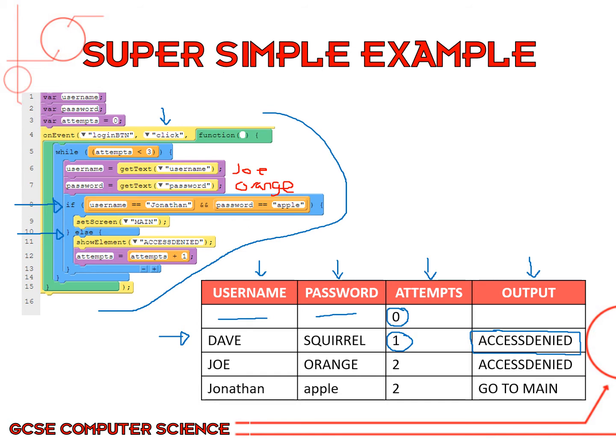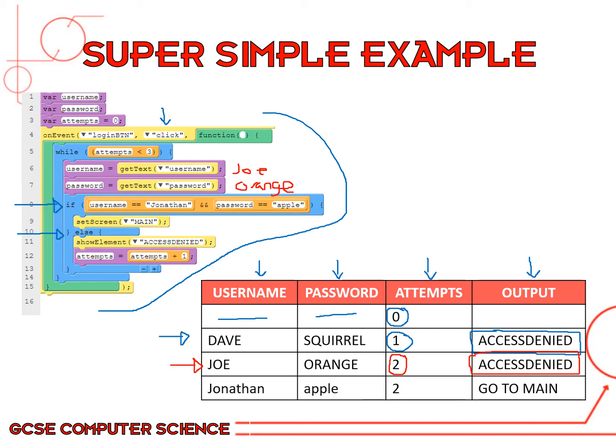Now Joe and Orange are going to be written to the variables to the left. If username equals Jonathan, no, it equals Joe, and password equals Apple, no, it equals Orange. So we're going to write those in to the truth table. We know that it's wrong again, so we've added 1 to attempts, and we output access denied again.